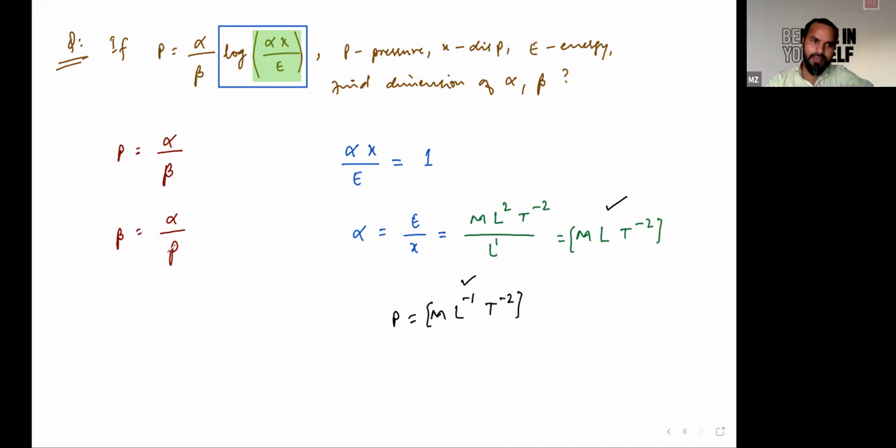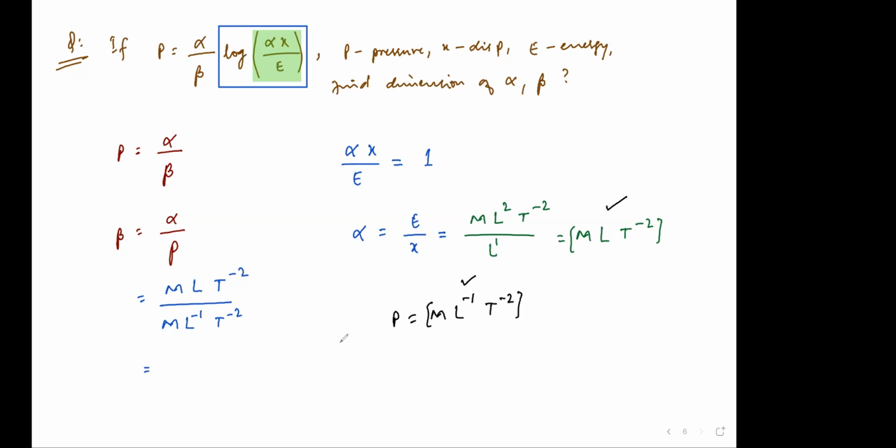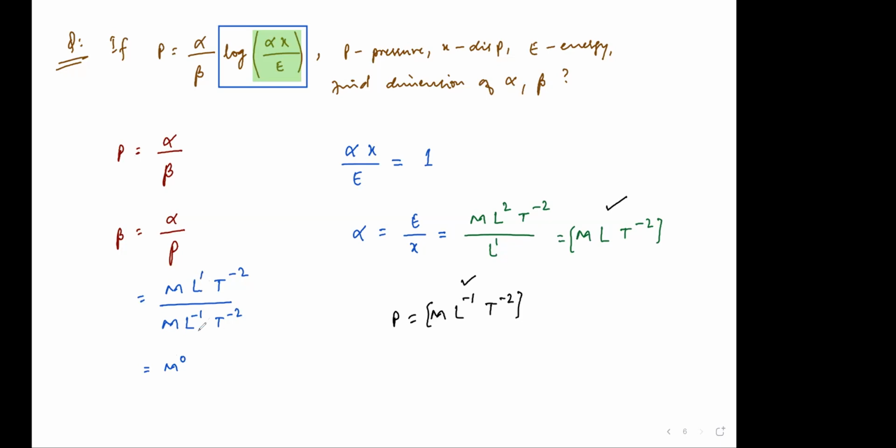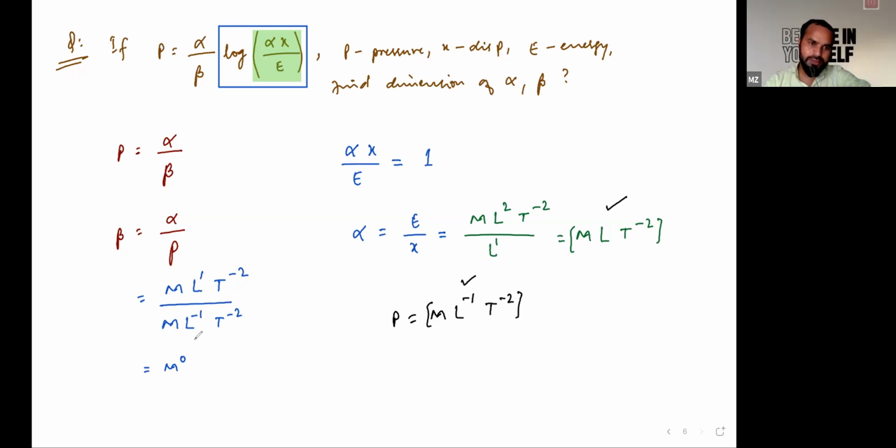Alpha is equals to M L T raised to the power minus 2 divided by pressure, which is equals to M L to the power minus 1 and T raised to the power minus 2. Just see the exponents of M, whether these two would cancel out or not. Yes, so we are left with M raised to the power 0. Similarly for L, we have 1 in the numerator and minus 1 in the denominator, so on solving them, it will become L raised to the power 2. And similarly for T raised to the power minus 2 and T raised to the power minus 2, it would be T raised to the power 0.